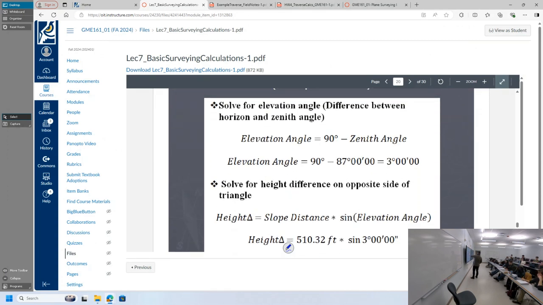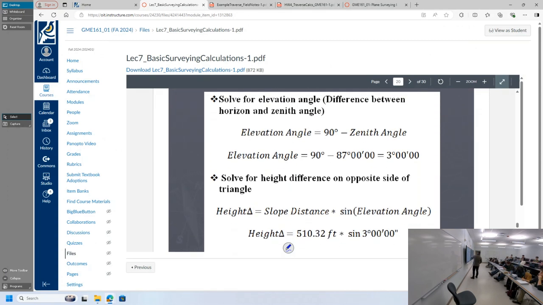Our first formula is to find the elevation angle, and that's just a constant of 90 subtracted by the zenith angle. That zenith angle is measured from your height of instrument. Is it below or above your horizon? Below, because you're at 87 degrees, so you're looking down. If this is level to you, and this is 90 degrees to you, your eyesight is down to that target.